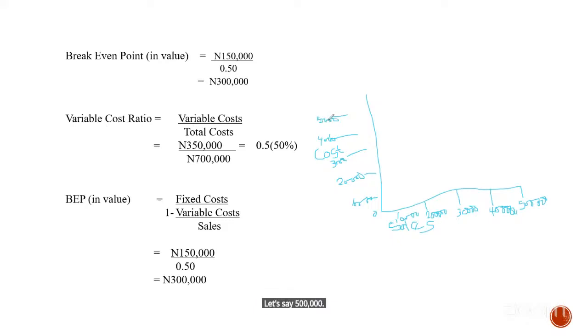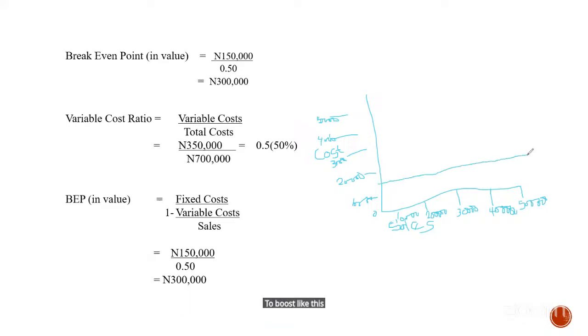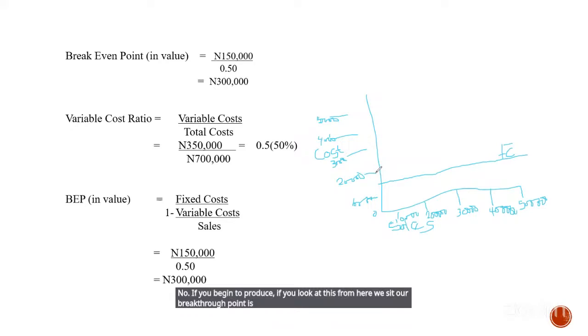I remember from the question that our fixed cost is around 150. This is 100, 150 will be here. So it goes like this. This is the line for my fixed cost. Now, if you begin to produce, from here we said our break-even point is where the cost is equal to the revenue.